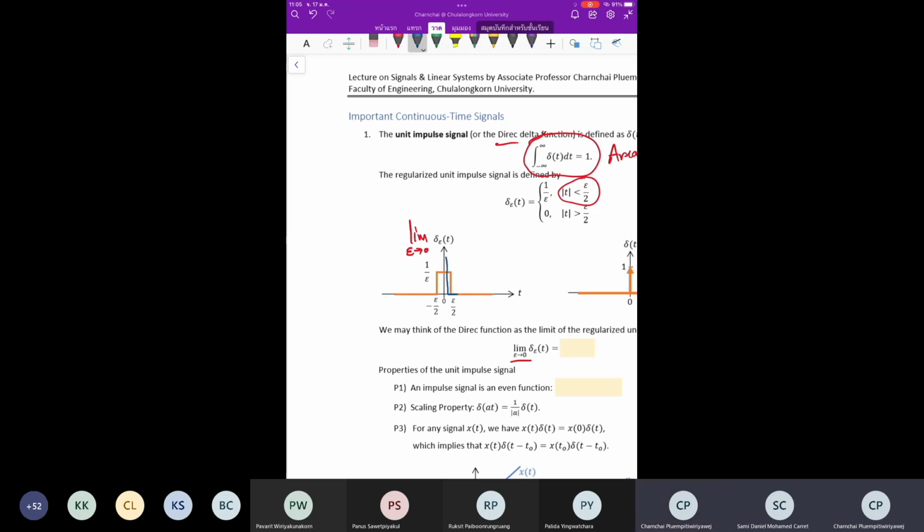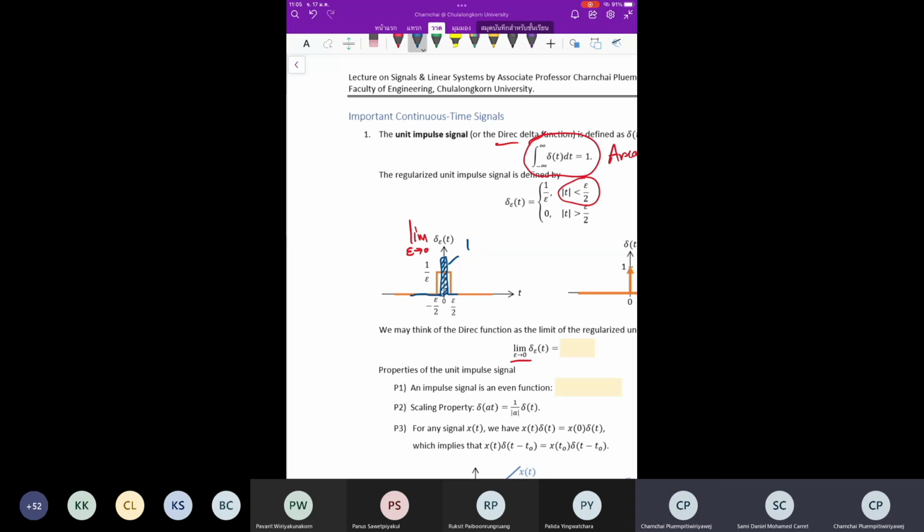The height has to be taller, to keep the area under the curve to be 1. Width is smaller, height has to be higher. The area under the curve is a constant 1.